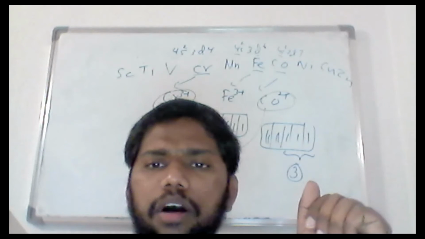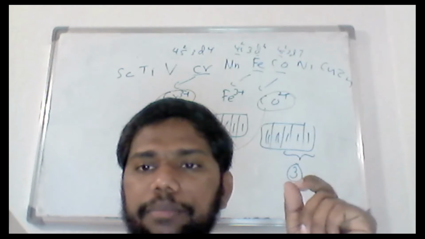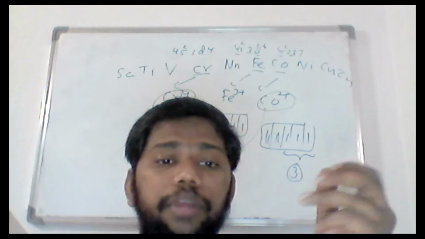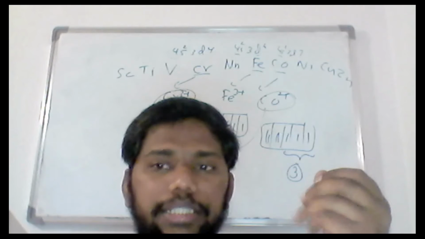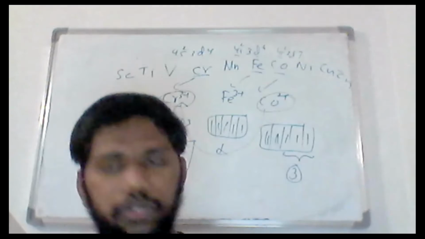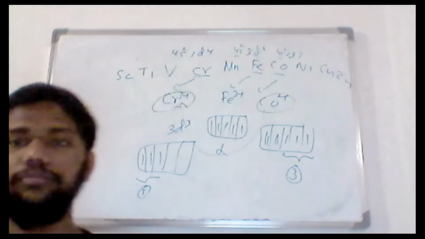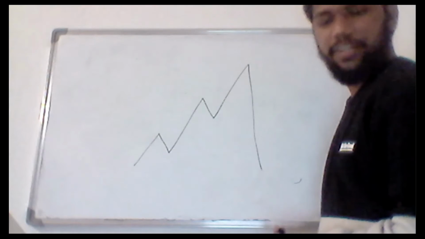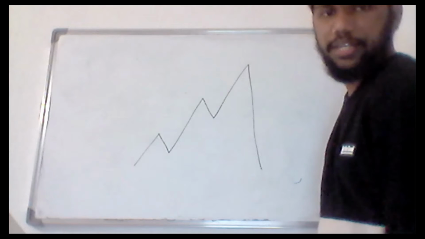Okay. Of the three elements sodium, magnesium, and aluminium, which one has the highest first ionization energy? If you remember the trend of the first ionization energy, this is the general shape that we draw for a first ionization energy curve, right?